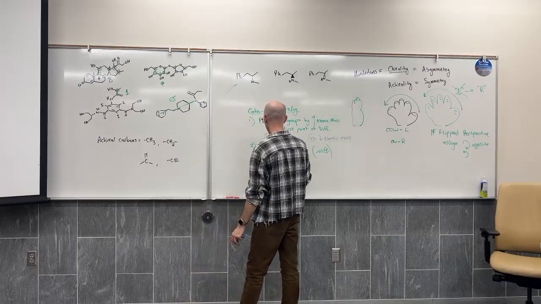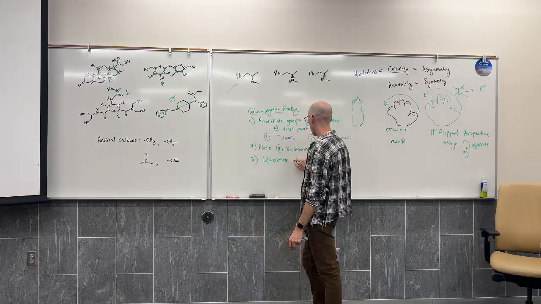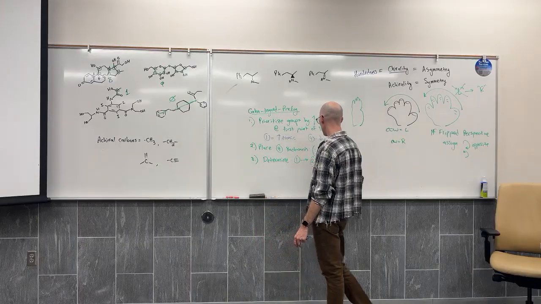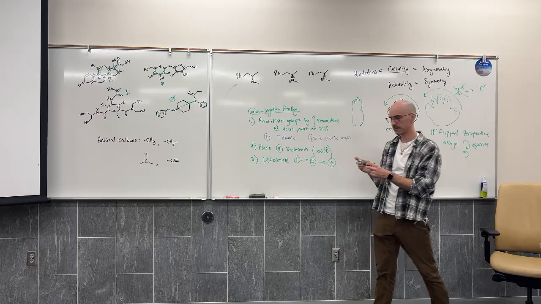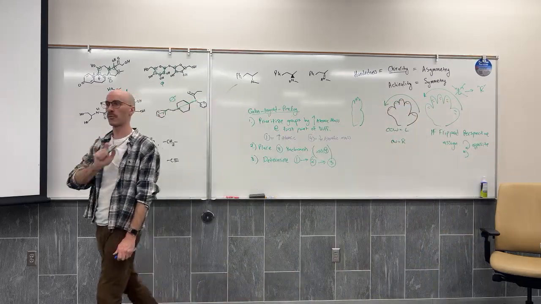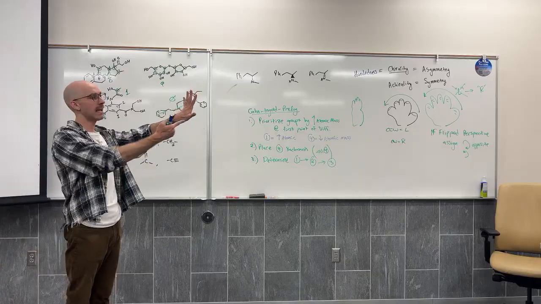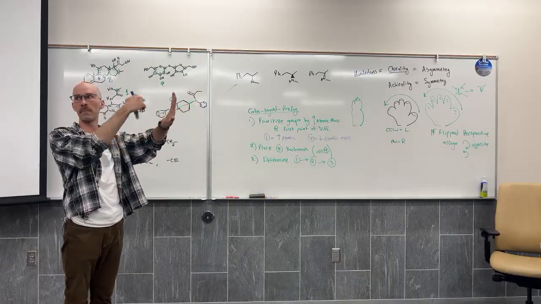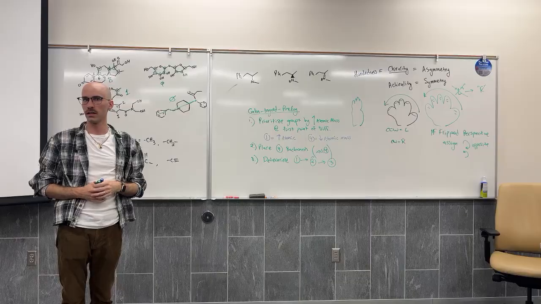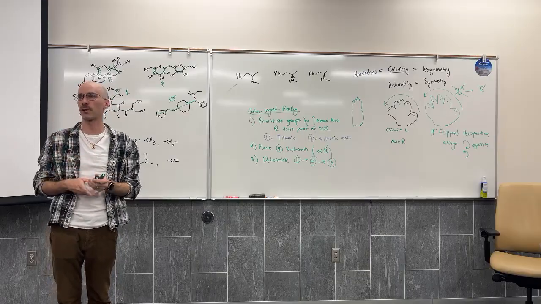Then determine rotation from 1 to 2 to 3. We ignore priority 4 because we already know where priority 4 is. This is like saying put your palm away and then go from thumb to pinky. I'm not paying attention to the palm anymore because I already know where the palm is.